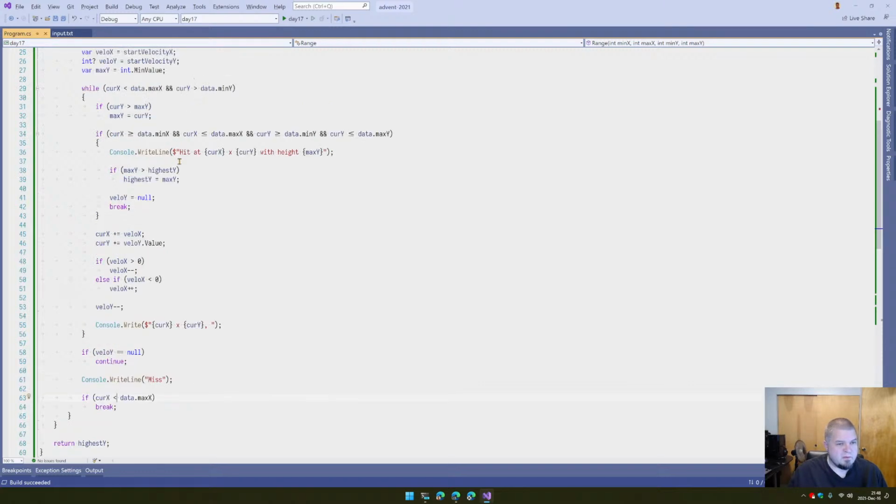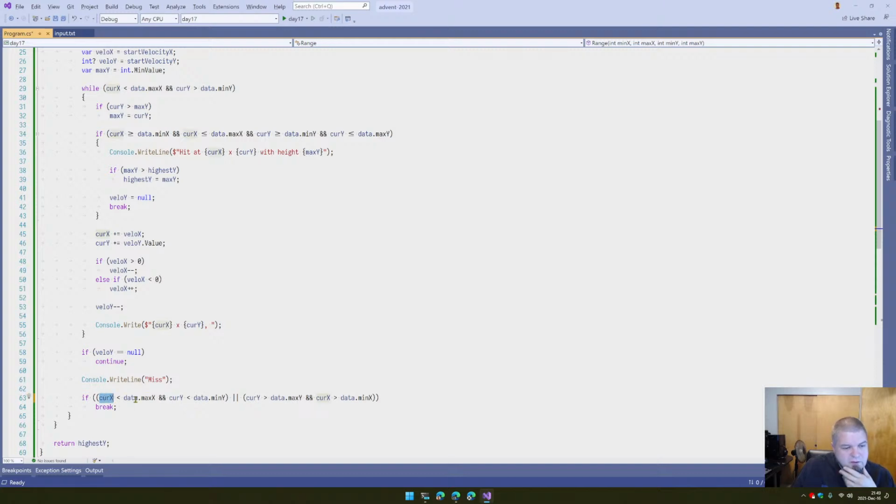So when we come out of this, our 2 exit criteria should be if current y is greater than max y. No, that's right, min y, max y. So our 2 exit criteria are off the 2 edges, I think.